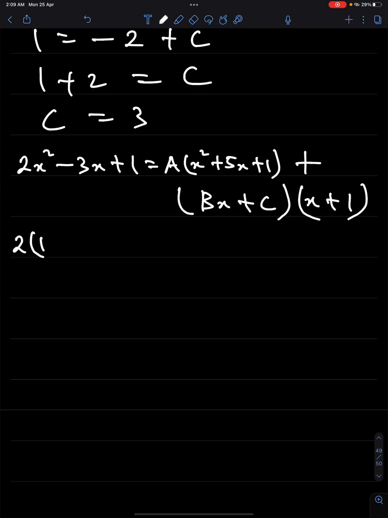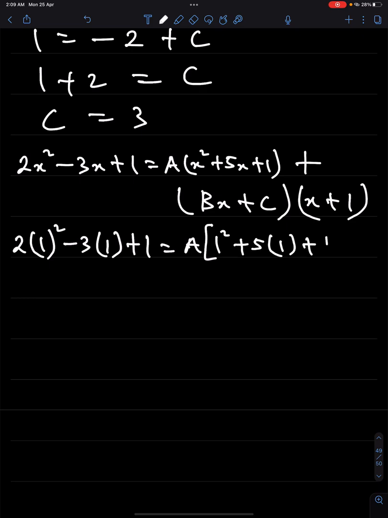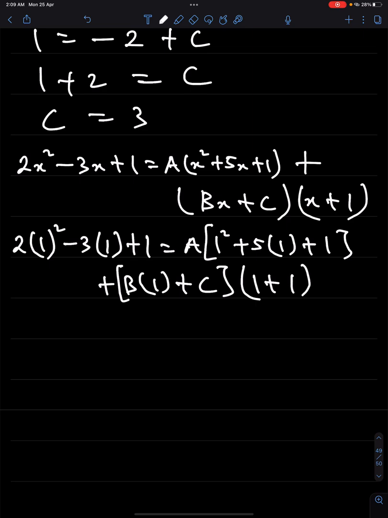That means 2 times 1 squared minus 3 times 1 plus 1 equals a into bracket 1 squared plus 5 times 1 plus 1 plus b times 1 plus c times 1 plus 1.